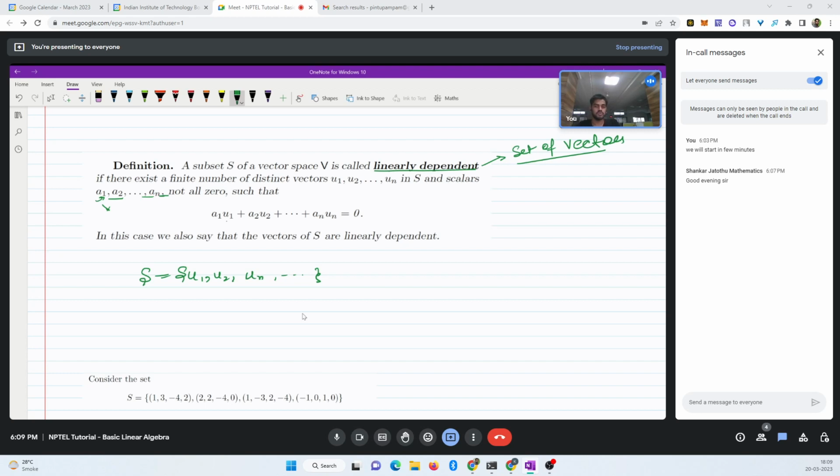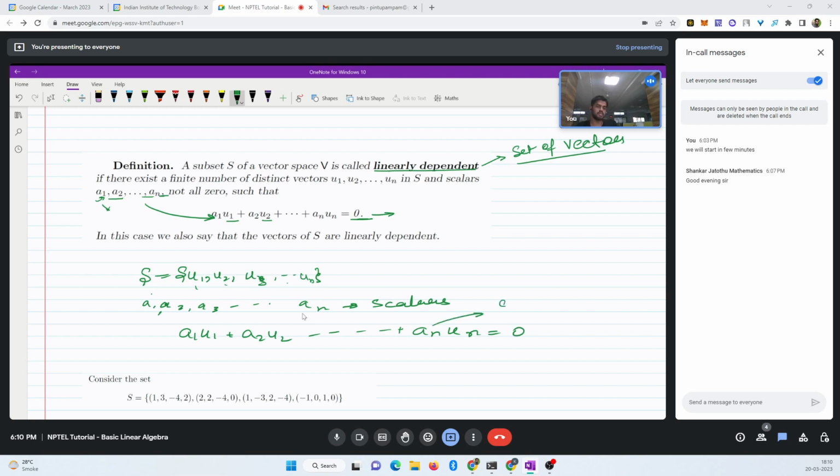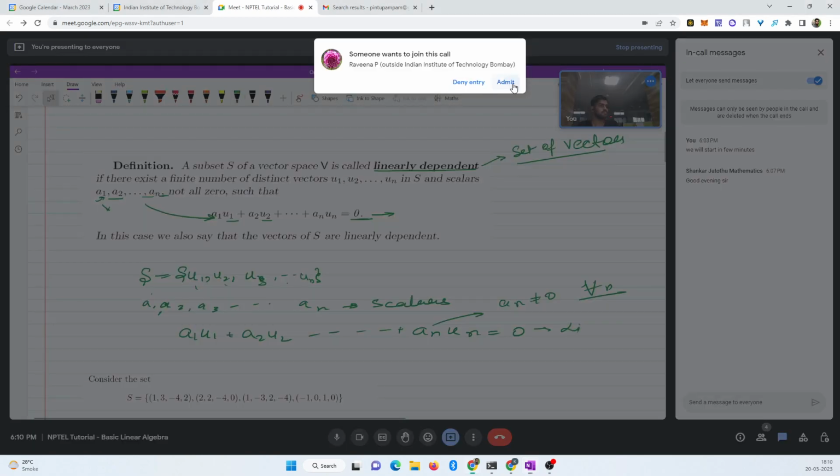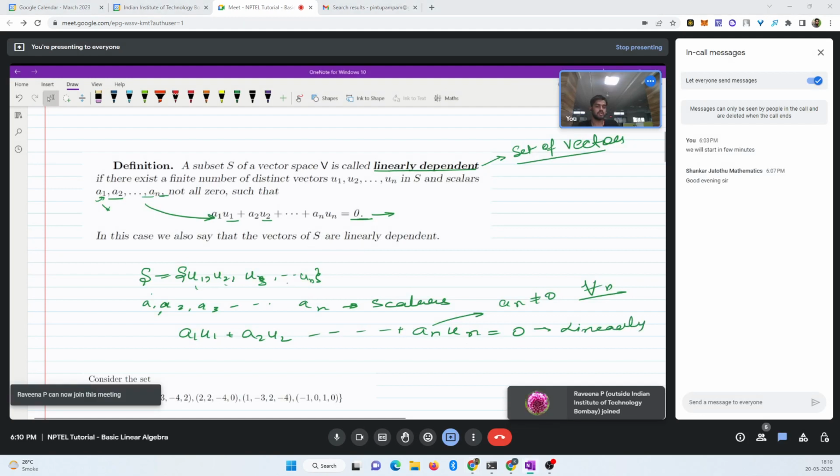If you can write a1 times u1 plus a2 times u2, and so on till an times un, as 0, with not all the ai's being 0, then you can say that u1, u2, ..., un are linearly dependent.